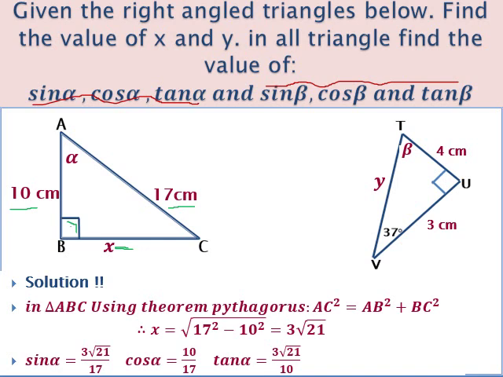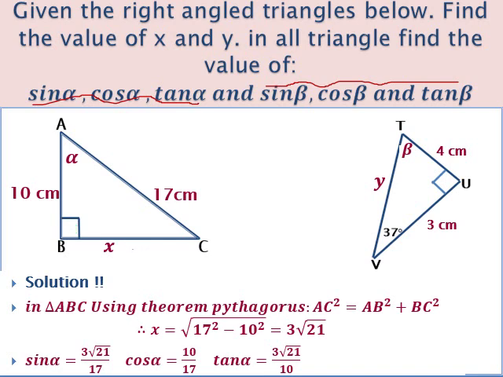Then the cos, we know that cos is equal to adjacent side over the hypotenuse, which is going to be 10 over 17. That is why we have it there. Then tan alpha is going to be opposite over adjacent, which in this case is 3 root 21 over 10.